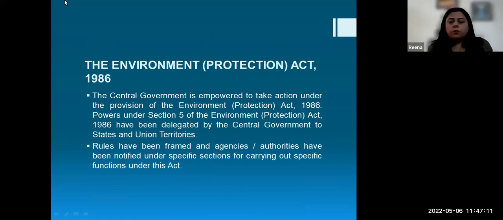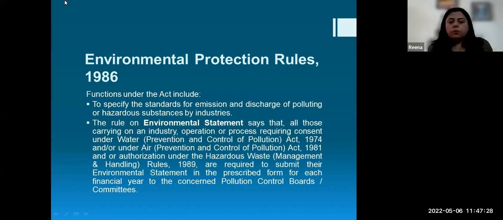There are rules which have been framed by different agencies and authorities, including the EIA notification, and they have been notified under specific sections for carrying out specific functions under this act. The functions included specifying the standards and the rule on an environmental statement, like the financial statement of any industry, which all industries are required to submit.